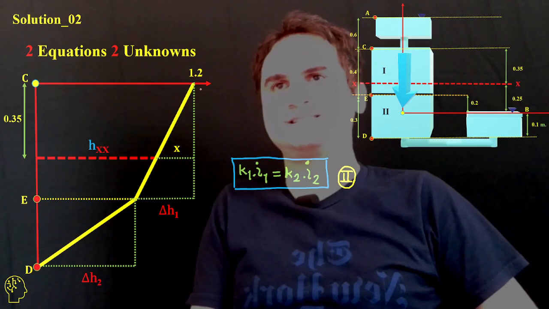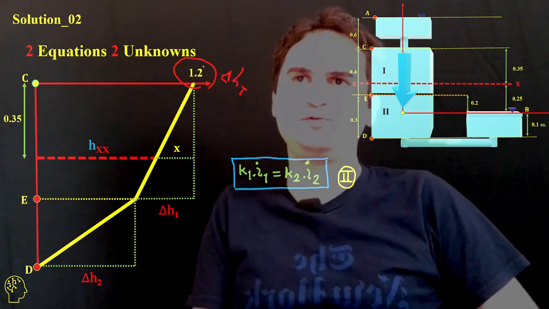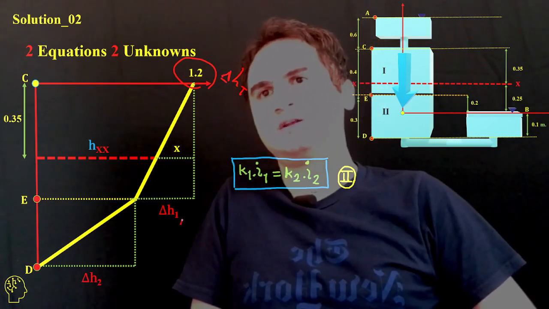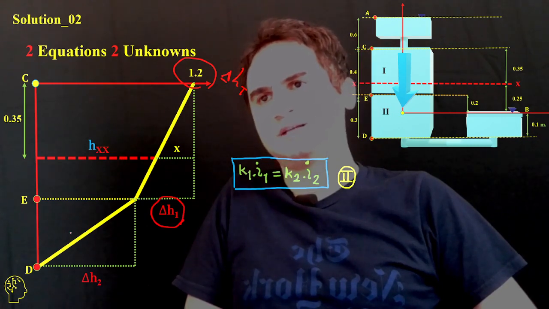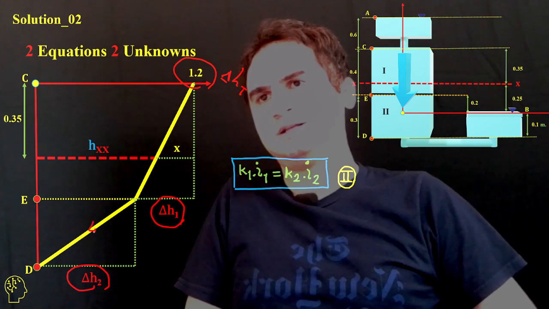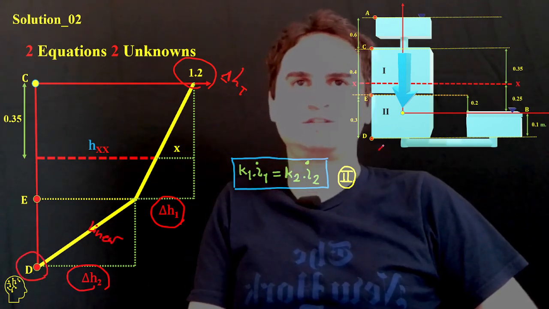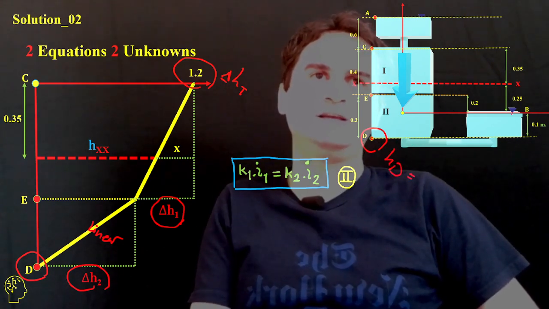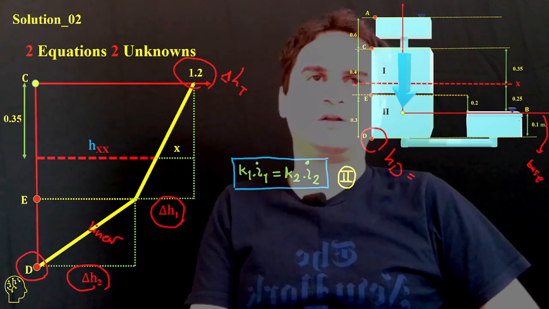As you can see here, the total head delta HT at the top is 1.2. As you travel through soil 1, there is a head loss delta H1, and when you travel through the second soil, a linear drop to HD, which is 0. If you remember, the total head at D is our base line.